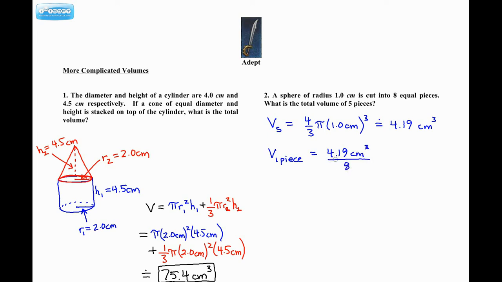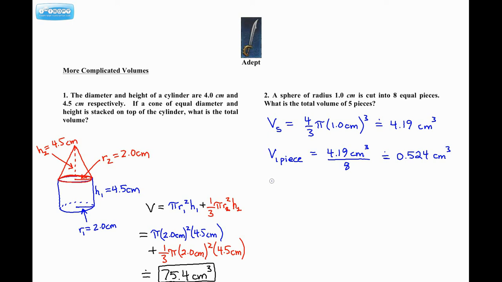I'm going to use the original value that's still in my calculator, because this, after all, has been rounded. There we go. So divide that by 8, and that gives me 0.524 centimeters cubed. Okay, so that's the volume of one piece.